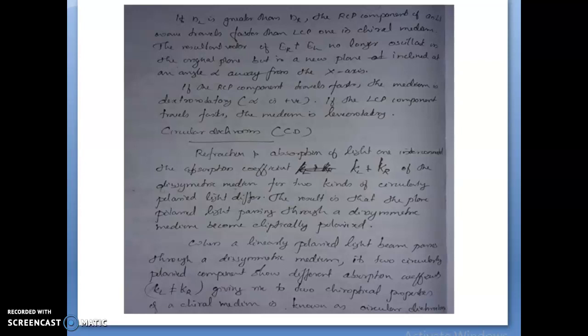Okay. So we can write the molecular rotation alpha will be equal to specific rotation into M, that is the molecular weight of the optically active medium, divided by 100.